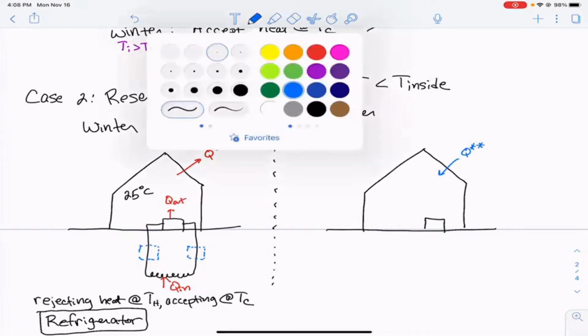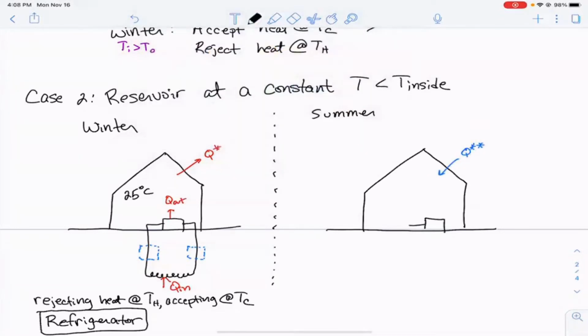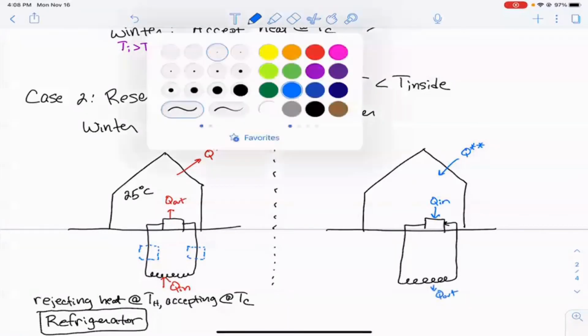And the thing that we need to do here in our system is we need to remove the same amount of heat, right? So we have actually Qn, which is equal to this QW star, and then we have heat that is being rejected at the lower temperature.